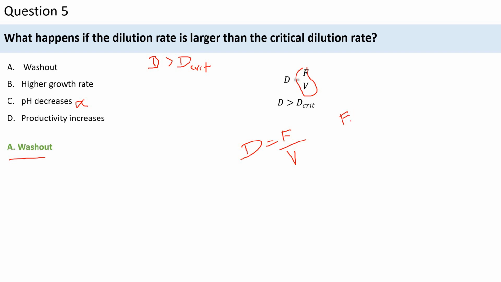Here I'm just denoting it as F dot or F star. D critical is equal to F star divided by the total volume. So they are asking, what happens if F is greater than F critical?